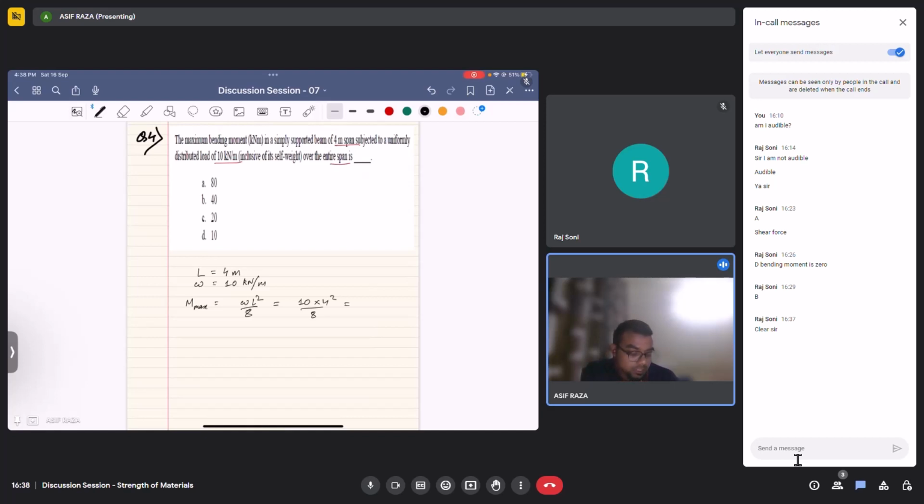That is 160 upon 8, which is 20 kilonewton meter, because W is in kilonewton per meter and we are multiplying it with meter square. So the correct answer would be option C.